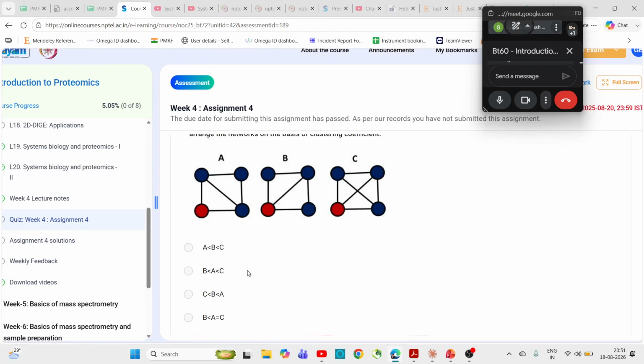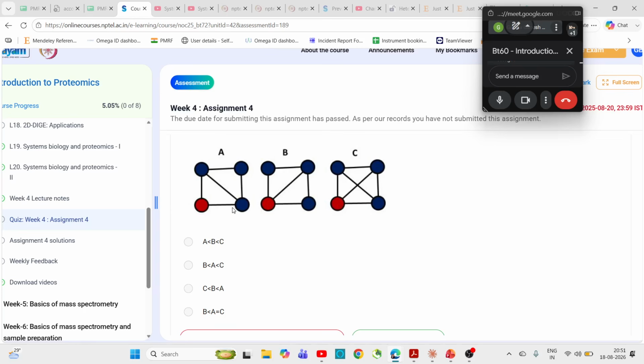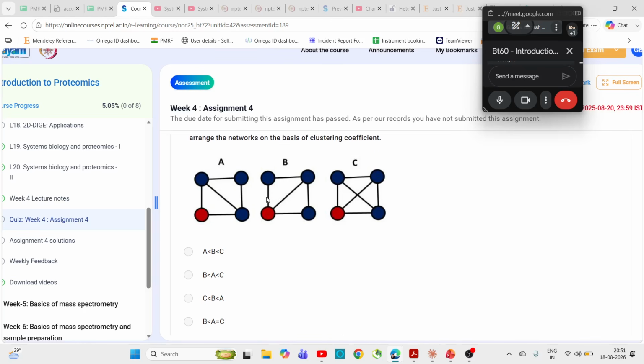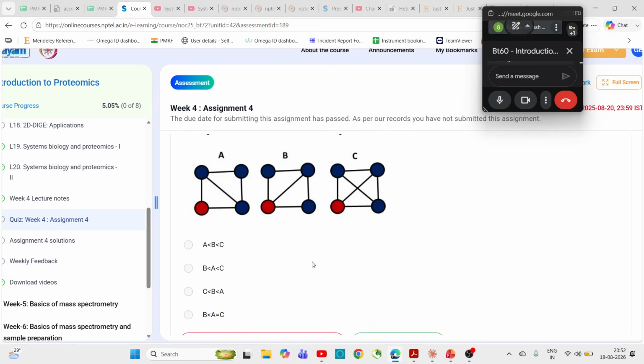But even if you don't have that formula, by looking at the interactions you can still answer the question. Just look at the red ones and check how they are. Find the red nodes' individual clustering coefficient for each network and arrange the networks on the basis of clustering coefficient.